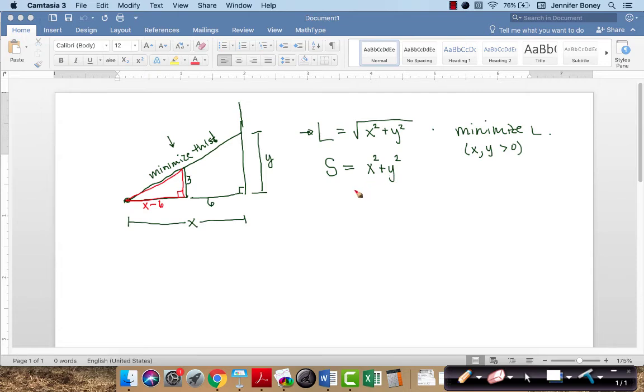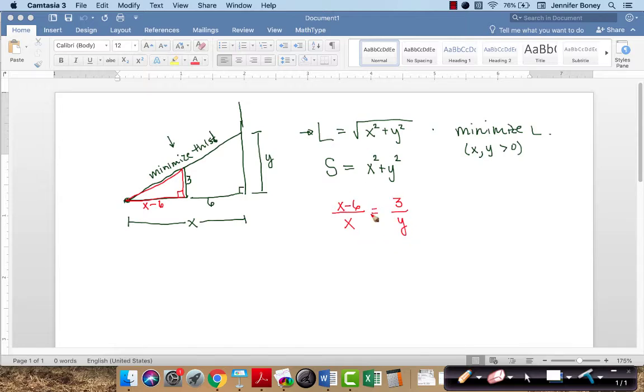It doesn't matter which, but let's go back to this proportional relation here. The bottom side of the small triangle corresponds to the bottom side of the big triangle, in the same way that this vertical side in the small triangle corresponds to the vertical side in the large triangle. So here's a proportion. I should easily be able to get y by itself.